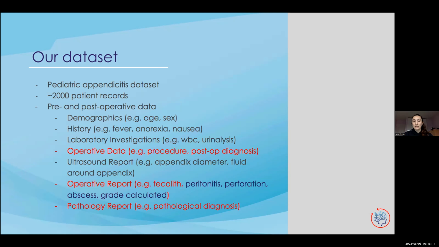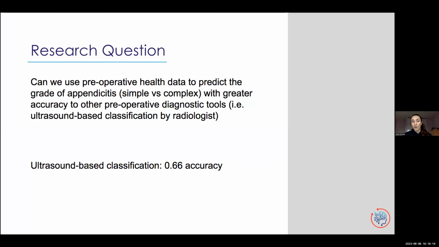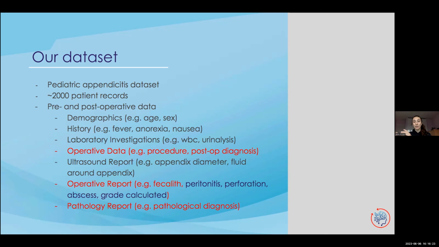Just to remind you, our research question is, can we use pre-operative health data? That means for our X values, the data that we're using to predict our grade should only be pre-operative values. That means that we're getting rid of operative data, operative report, and pathology report, which usually come post-surgery, and only focusing on the ones that are pre-surgery.